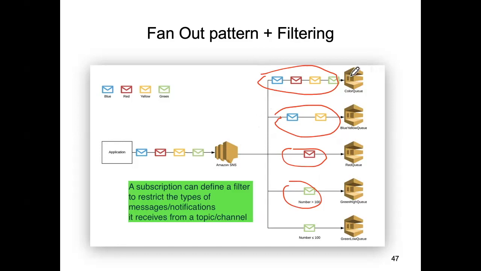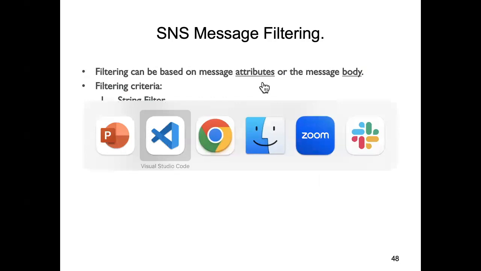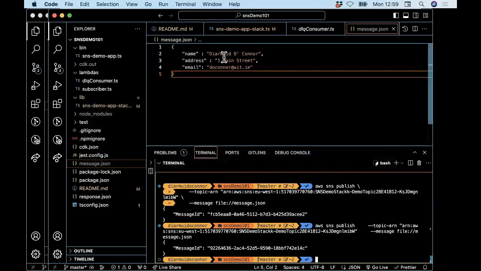So how do we actually specify the filtering? I'm saying here that the filtering can be based either on attributes of the message. We haven't talked about message attributes so far, but a message has a body, the body in the examples we've been looking at so far, all of the data in the message.